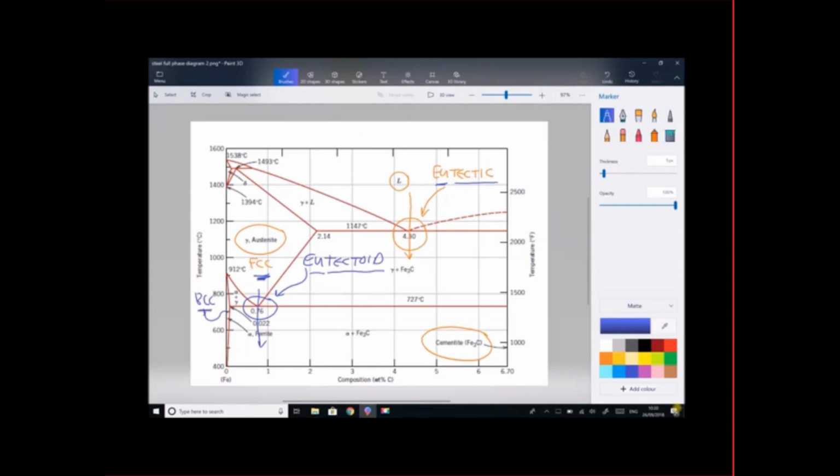And as we saw in an earlier video, this isn't a change in state, it's a change in solid structure. The last thing to point out before we focus in on this eutectoid point is that cementite is actually a ceramic. It's a very hard, very brittle material. So in effect, we have soft iron combining with very hard cementite. So now let's focus in on our eutectoid point.